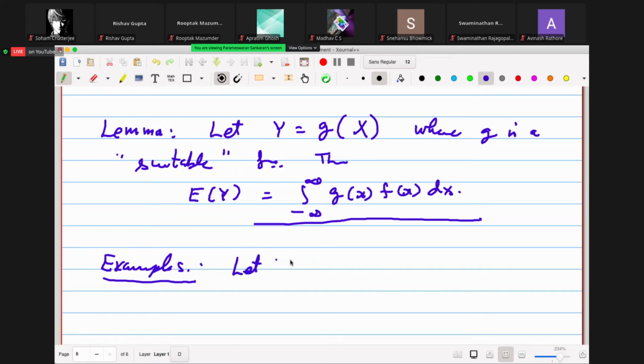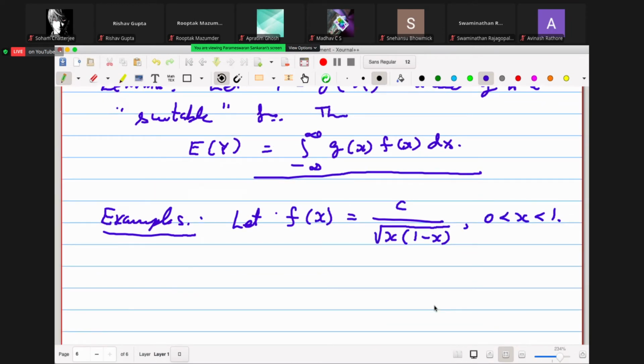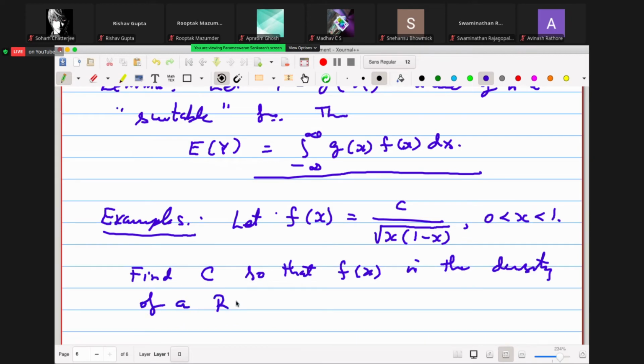Let f of x be equal to c divided by the square root of x times (1 minus x), for 0 less than x less than 1. Find c so that f(x) is the density of a random variable.